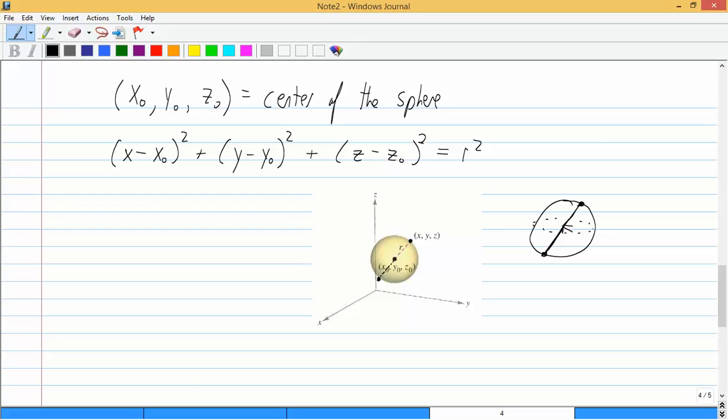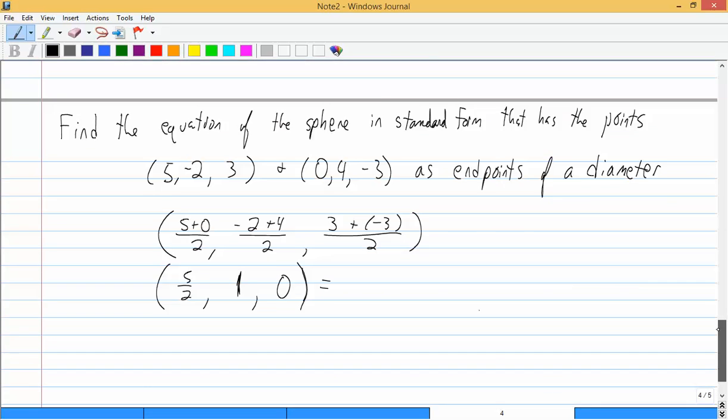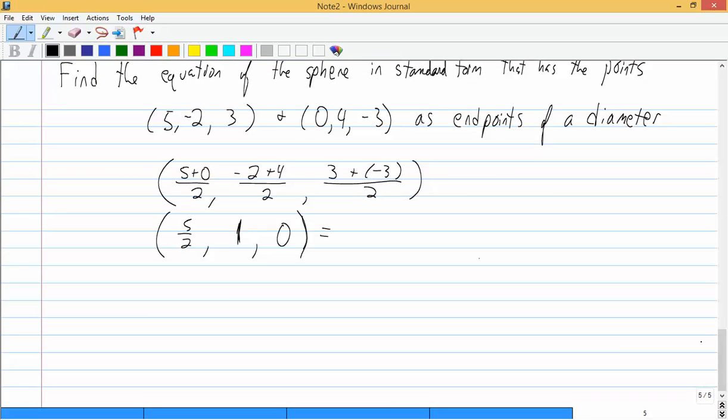The radius. So how do I find the radius? The radius is the distance from the center to either endpoint. So it doesn't matter which endpoint we use, we can find the radius.